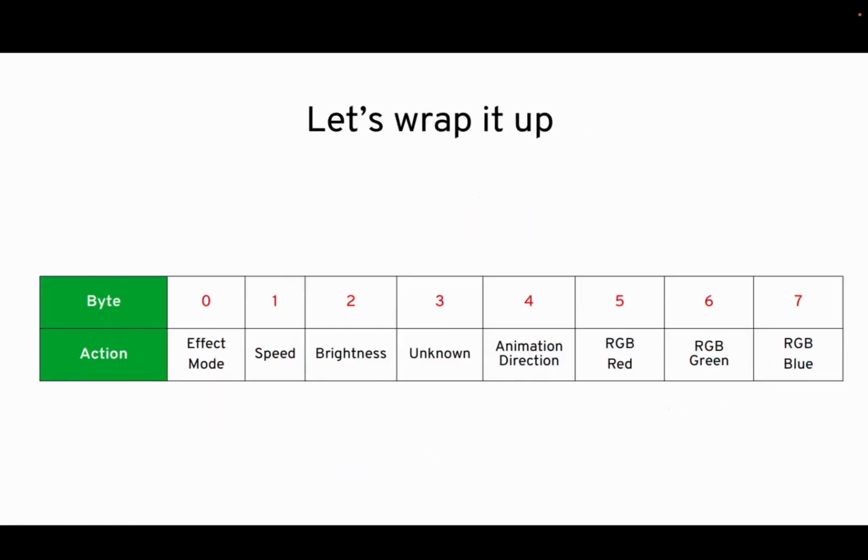I repeated this process over and over again with any other configuration I could find in Predator Sense, and this is what I found. The first byte was the effect modes, and the second one was controlling the speed. One funny fact about this byte is that in Predator Sense you can change it from 1 to 9, but if you try to play with it manually, you can set it to any value.